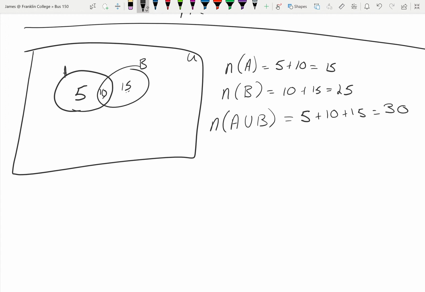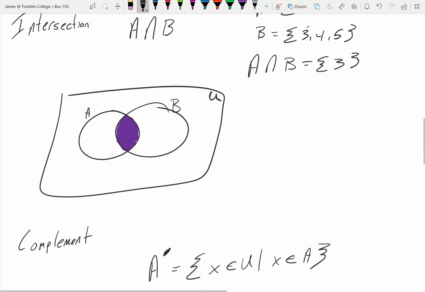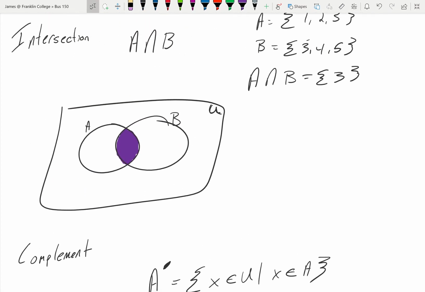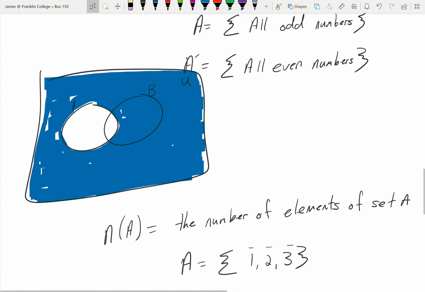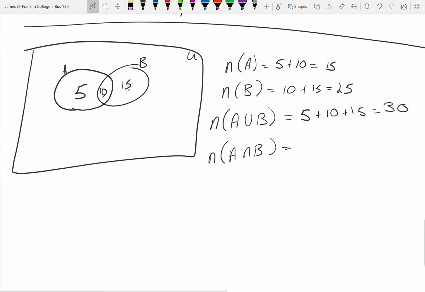Alright, so what if we are interested in the number of elements that's in A intersect B? Well, if we remember, A intersect B is just that middle area, the area where A and B overlap. So going back here, there are 10 elements that's in that overlapping region. So it's just 10.